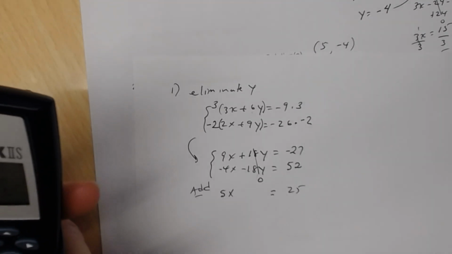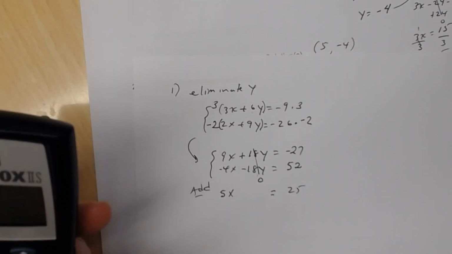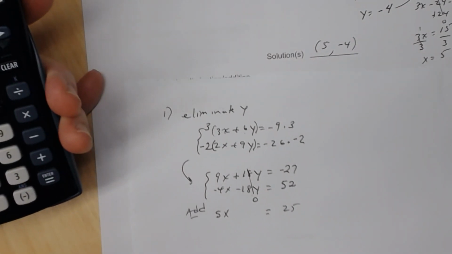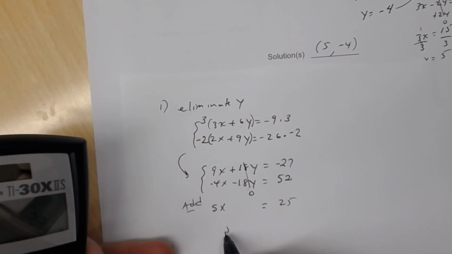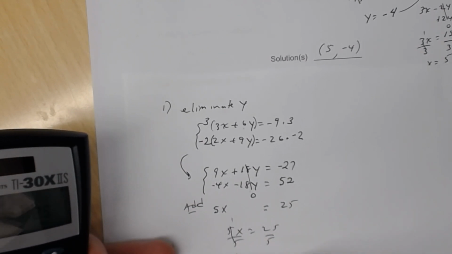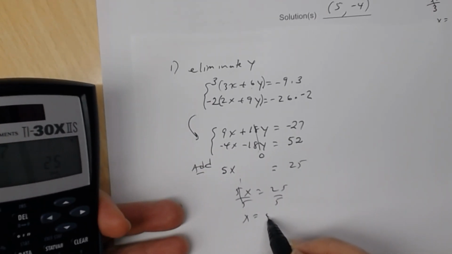Oops, I think I messed that up. 52 minus 27, 25. All right. Okay, so then I get 5x equal 25. So dividing both sides by 5, I get my x value to be 5.